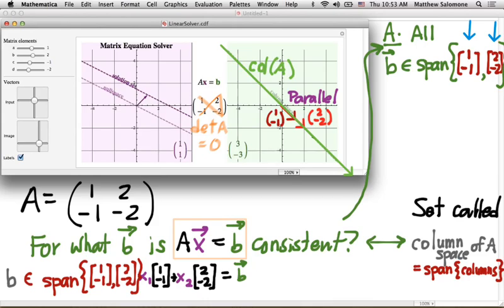No. Since they're parallel to one another, don't I get the same thing if I forget one of these vectors or the other? If I just were to write the span of, let's just say we cross out the second one, (1, -1), is the span of (1, -1) the same thing as the span of both (1, -1) and (2, -2)? So let's see if we can answer that question.